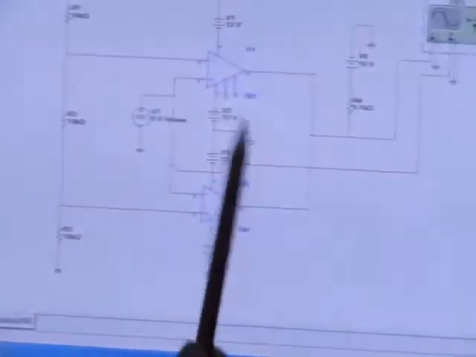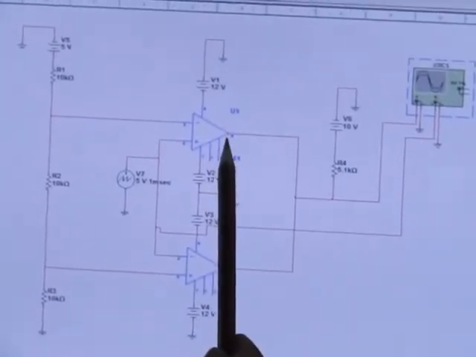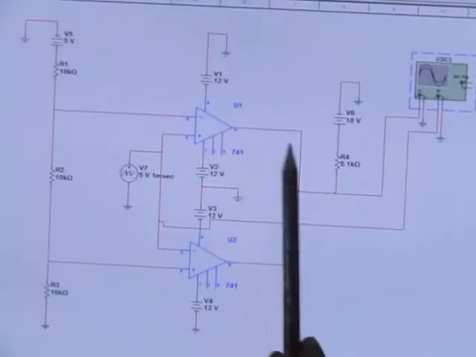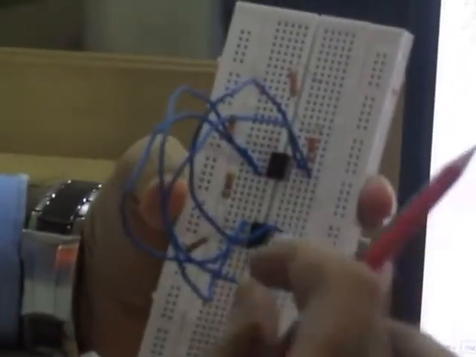Next, as you can see here, pin number 6 of the first op-amp and pin number 6 of the second op-amp are both connected. With the help of a wire I have made this connection, that is, both pin number 6 of both op-amps are connected.